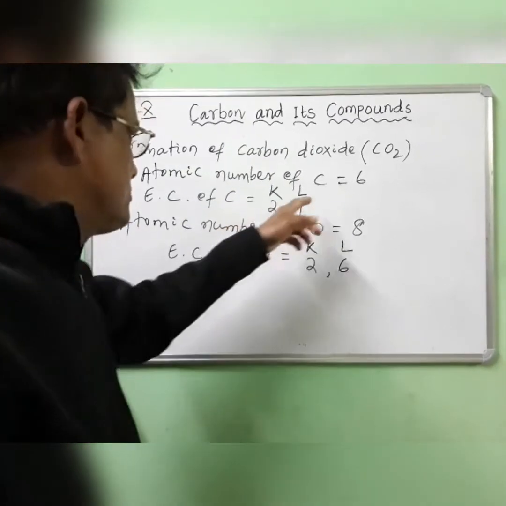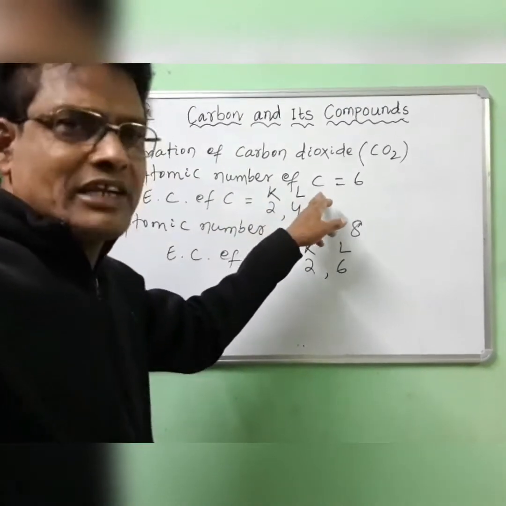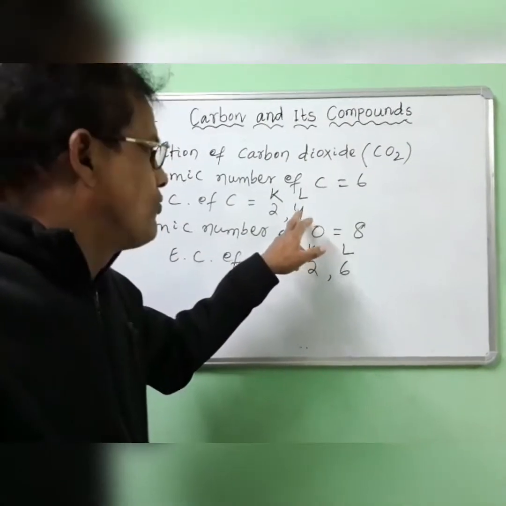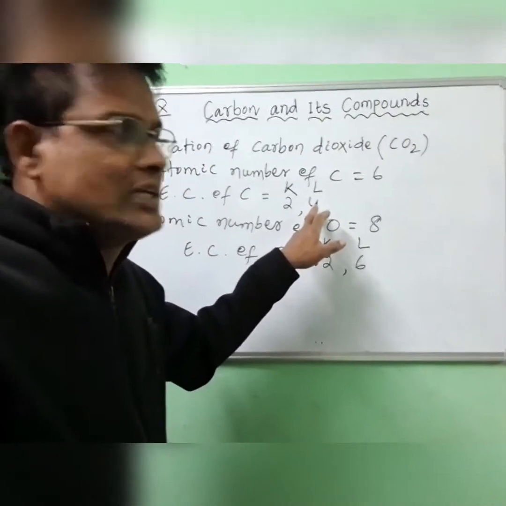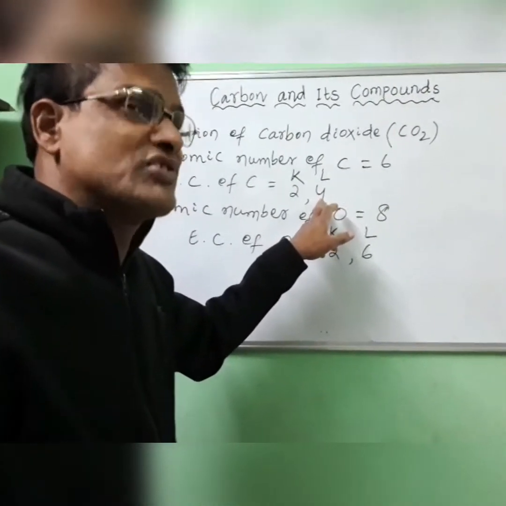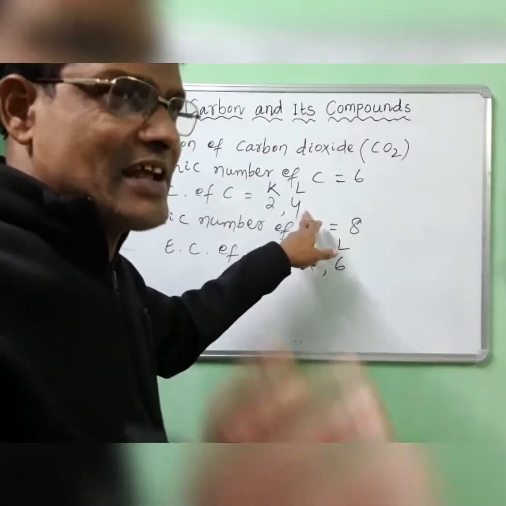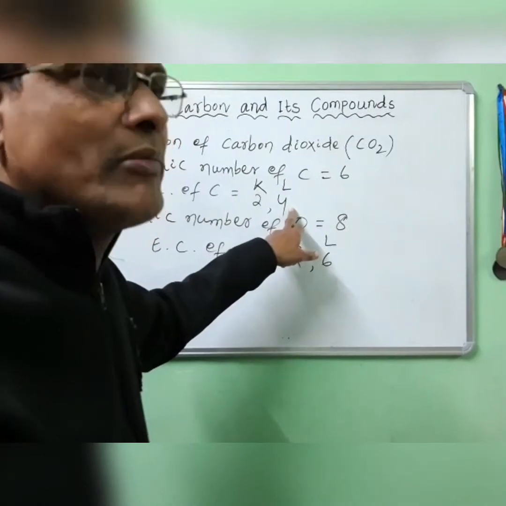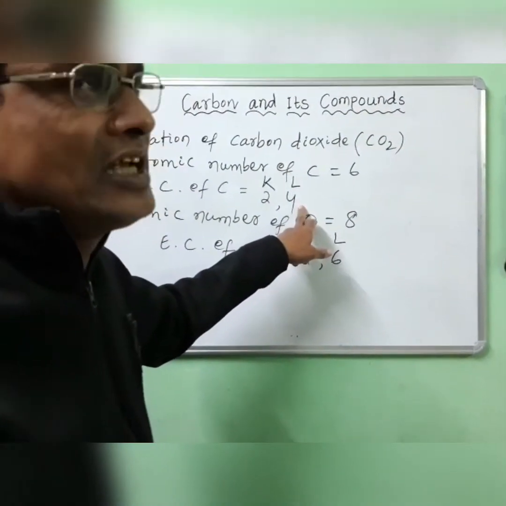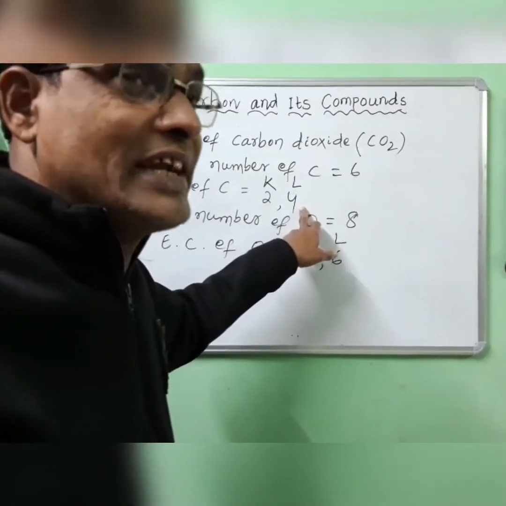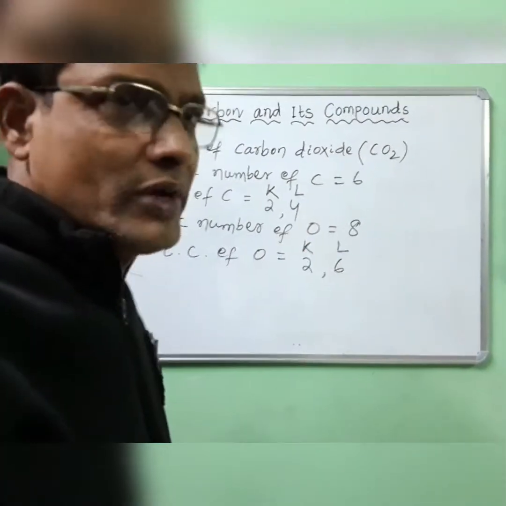So here the carbon atom has 4 electrons in its outermost shell, that is its valence electrons are 4. It requires 4 extra electrons to become octet, or to attain its nearest noble gas configuration, that is 8. Okay.